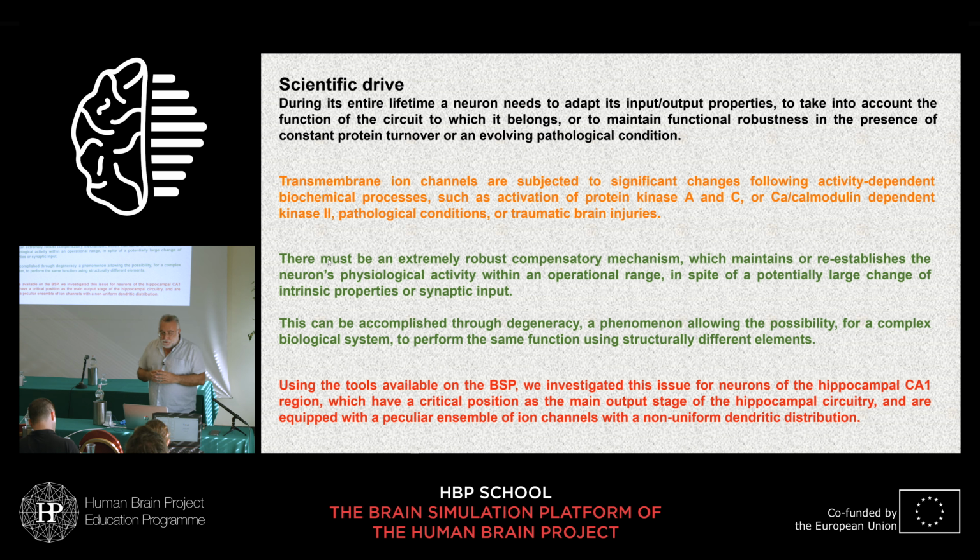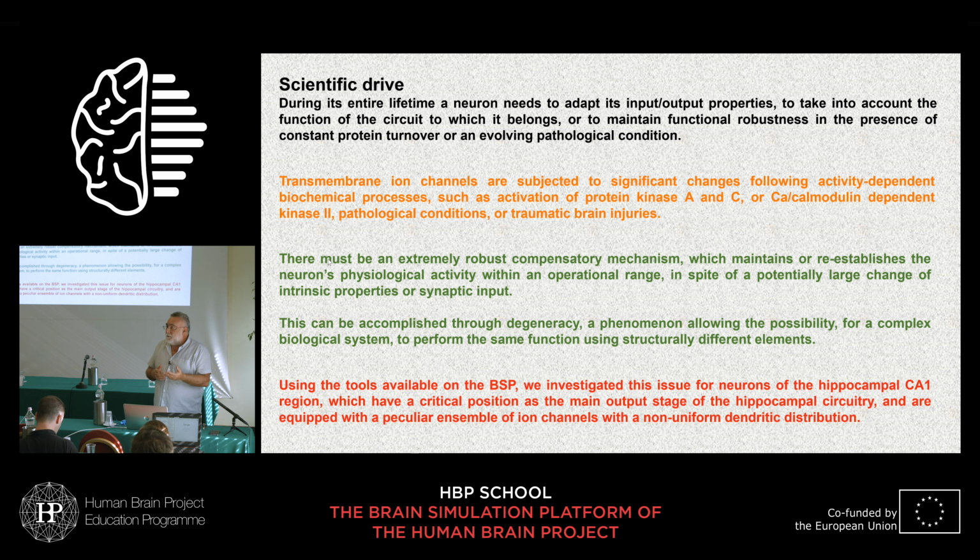The question here is that during its lifetime, a neuron needs to adapt its input-output properties because it is part of the network. If it is part of the network, it must take a specific input and give a specific output. If it deviates for some reason, pathological or otherwise, and does not give the same output, there is going to be a problem in the network.